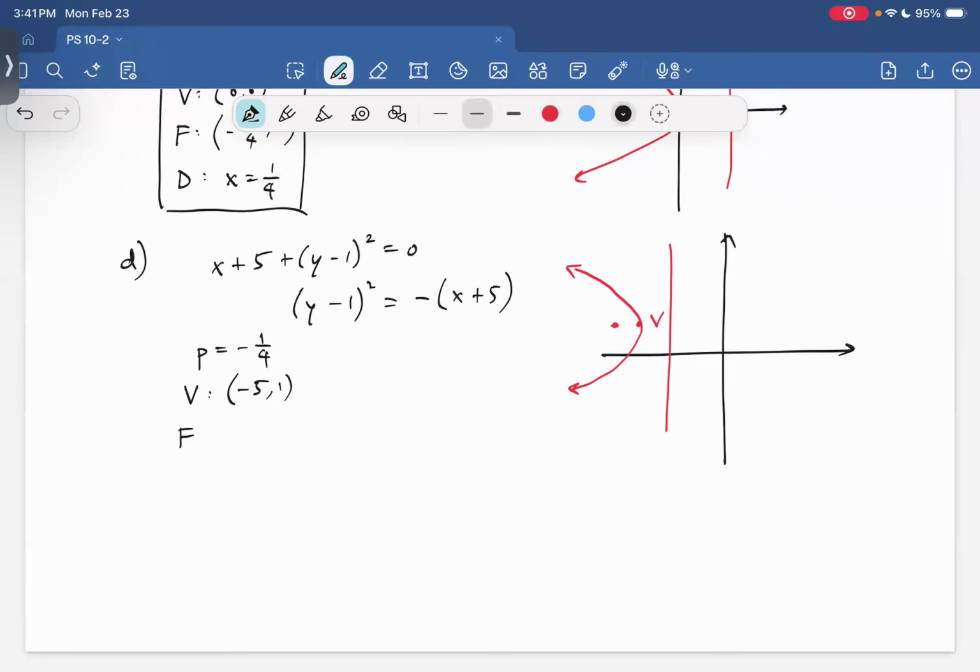So the focus is going to be, I'm going to subtract 1/4 from the x coordinate, which leaves me with negative 21 over 4 comma 1. And the directrix, now I'm going to add 1/4 because the directrix is to the right of the vertex. So the directrix will be x equals negative 19 over 4.